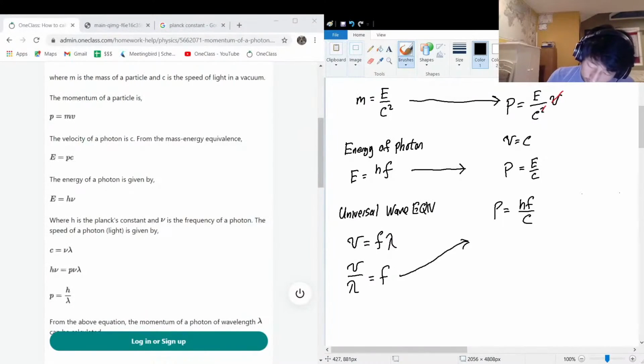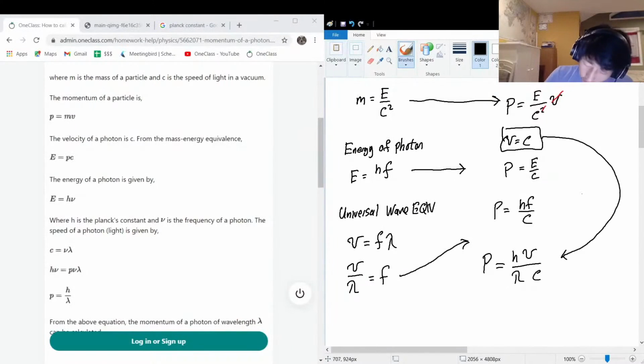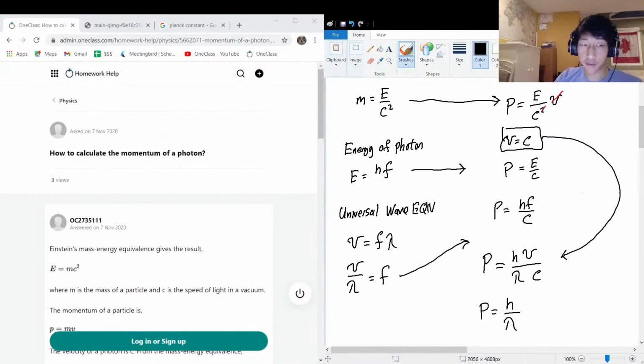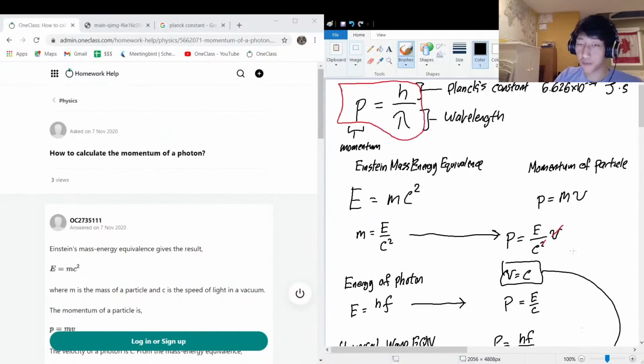Stick that into here: P equals h v over lambda c. But since c is equal to v, we just get P equals h, Planck's constant, over the wavelength. So that's how we get the momentum of a photon, just by knowing its wavelength.